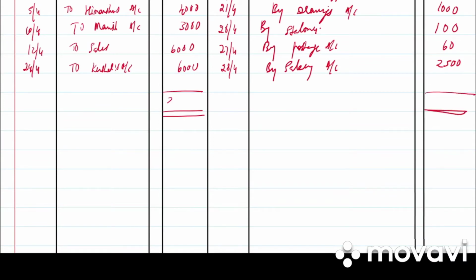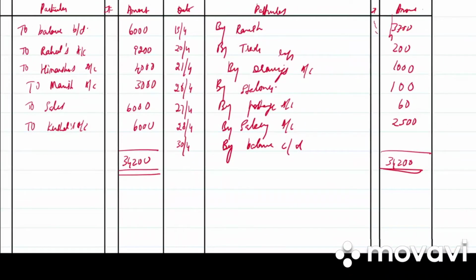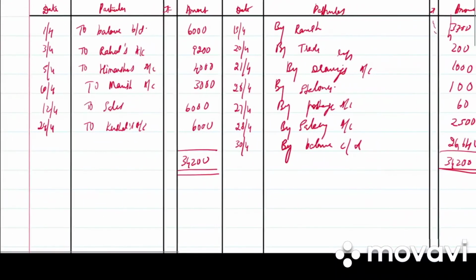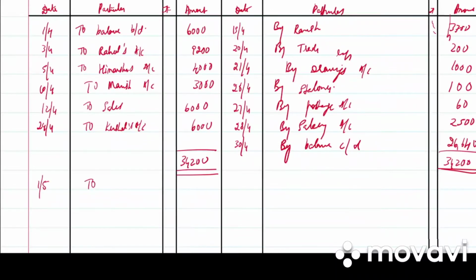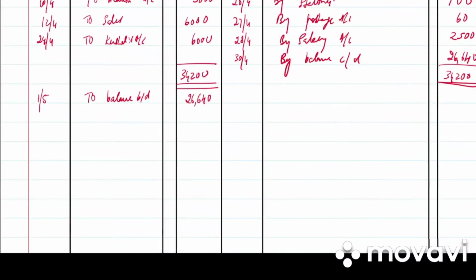It is 34,200. On 30th April we have by balance carried down 34,200 minus 3,700 minus 200, 1,000, 100, 60, 2,500. It is 26,640. On 1st May we write to balance brought down 26,640. Clear?